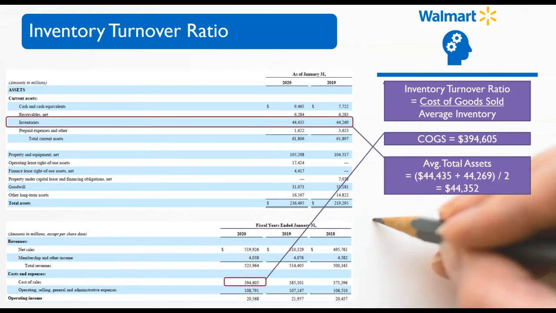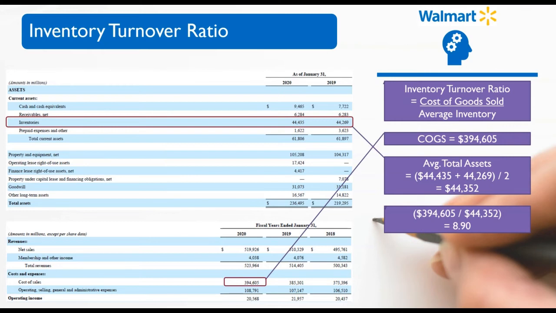And then we calculate the average inventory balance by taking the ending inventory for fiscal 2019 and fiscal 2020, which comes out to around $44.3 billion. Once we take those amounts, we come up with an inventory turnover ratio of 8.90 for Walmart.